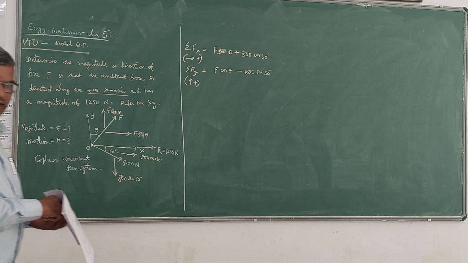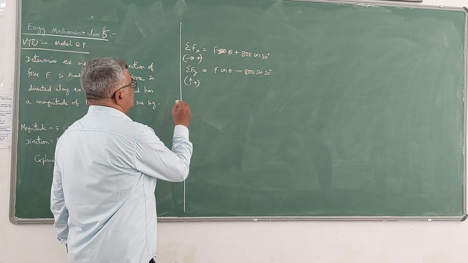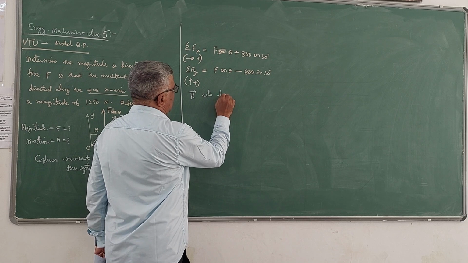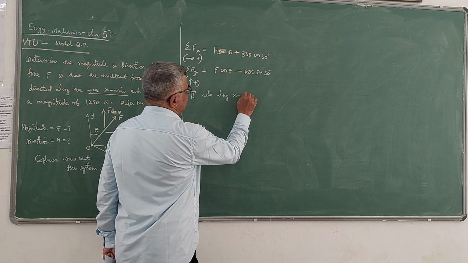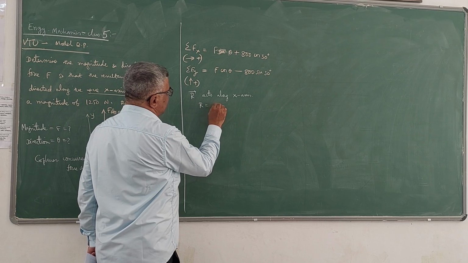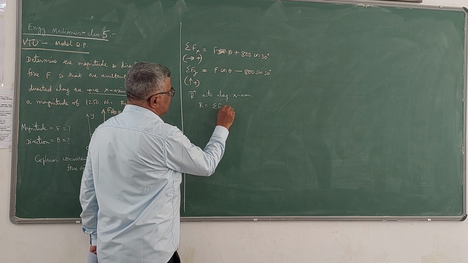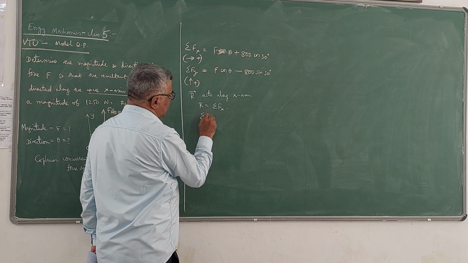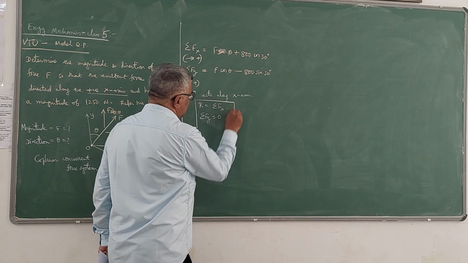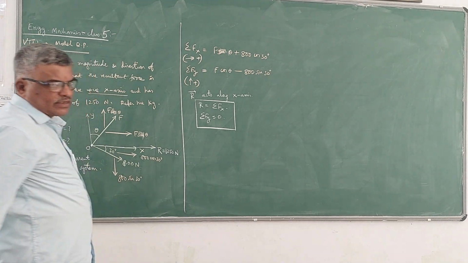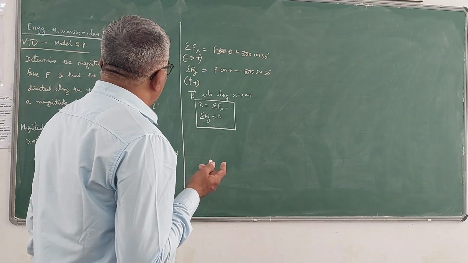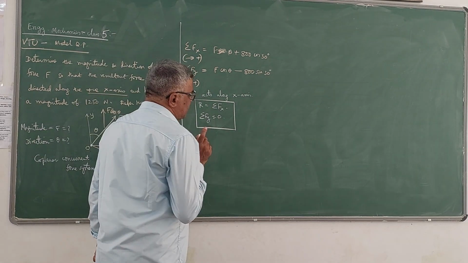So since the resultant is acting along x-axis, the magnitude of R will be sigma Fx only, and the value of sigma Fy will be 0 because resultant is acting along x-axis. Suppose if they give resultant is acting along y-axis, sigma Fy will be R and sigma Fx will be 0.